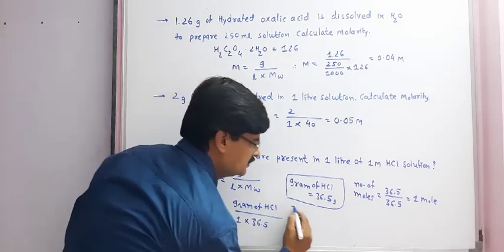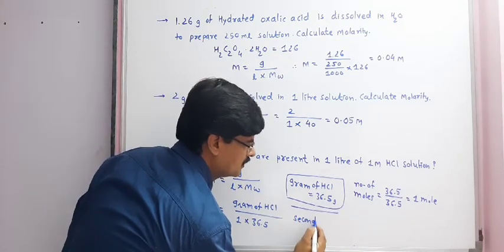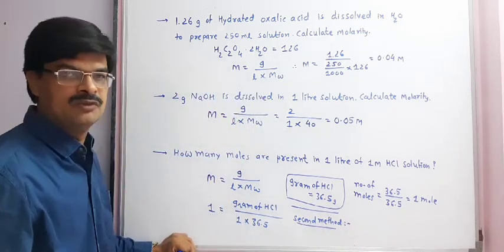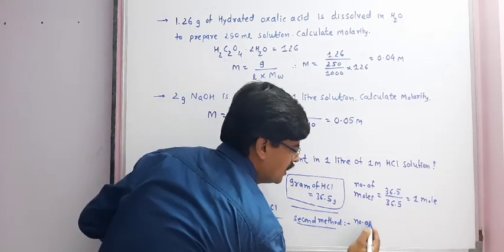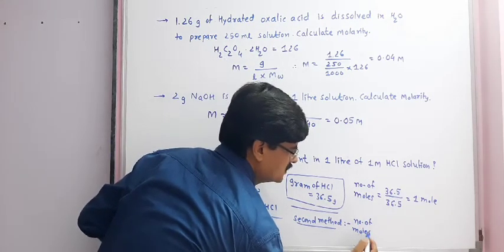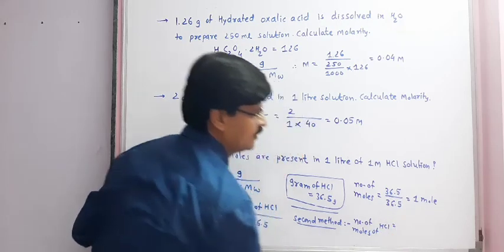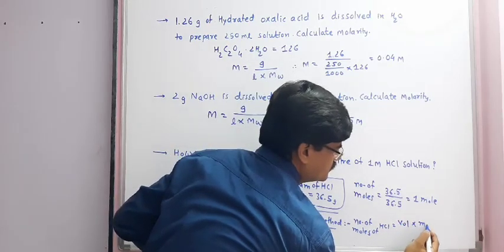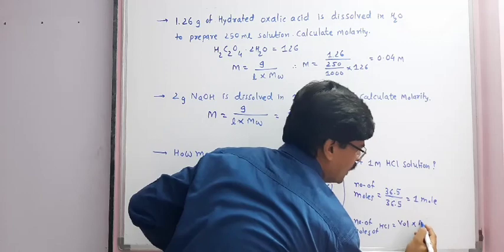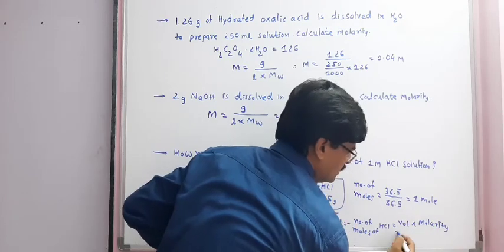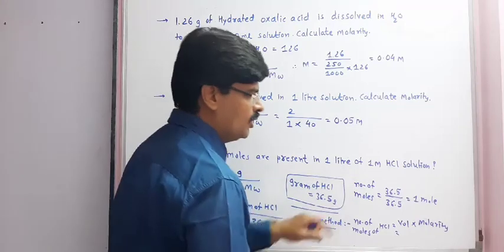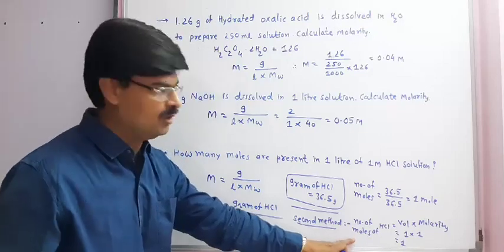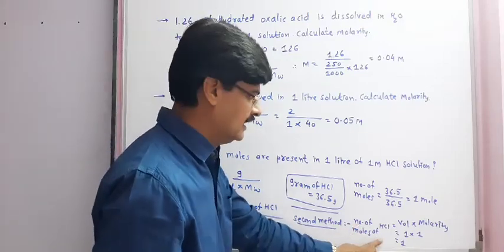Or another way, the second method is a very short method in which number of moles of hydrochloric acid is equal to volume into molarity. So volume is given 1 liter and molarity is also 1. So by using this simple method also we can find out number of moles of HCl.